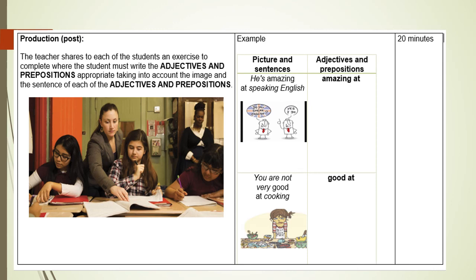As you can see, this is the example: picture and sentence. There is an example related to this topic, and the student must complete the adjectives and prepositions according to the picture and sentence. The time for this session is 20 minutes.